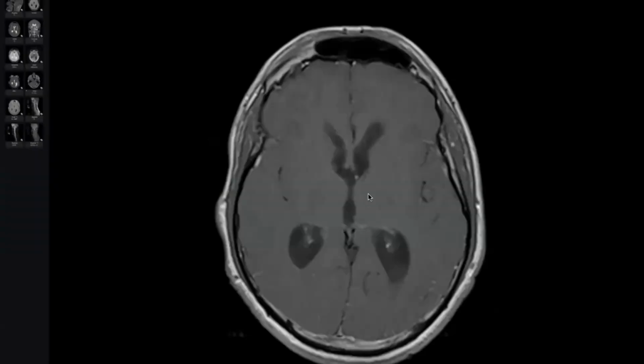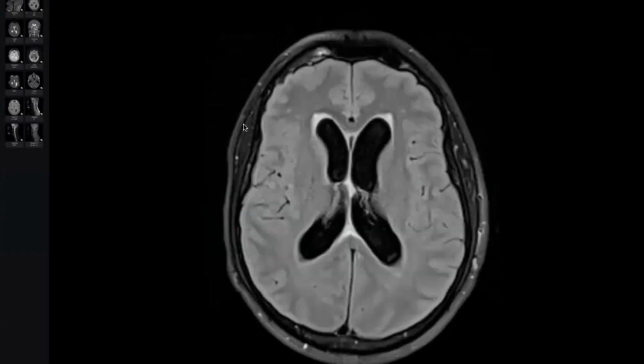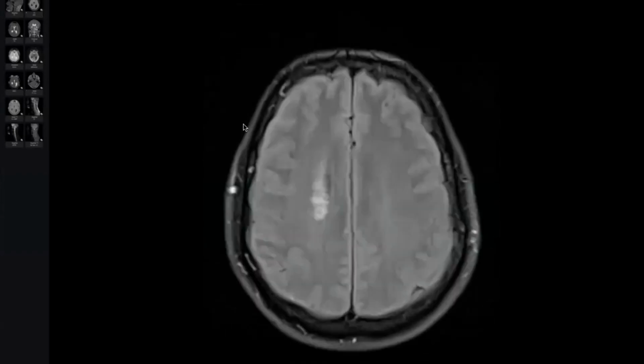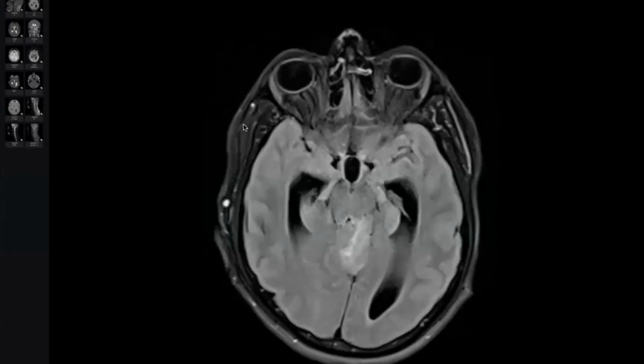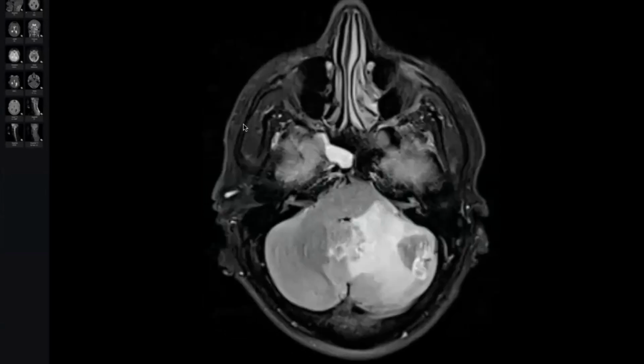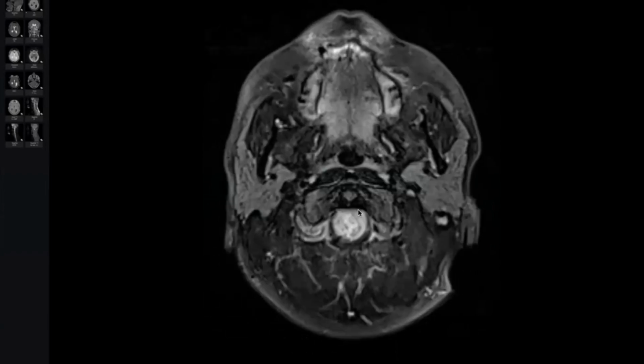Okay, so see, my colleague, this is a very nice case. You are examining the brain, the patient has a complaint of a brain issue, and most of us will talk about this and forget this one.